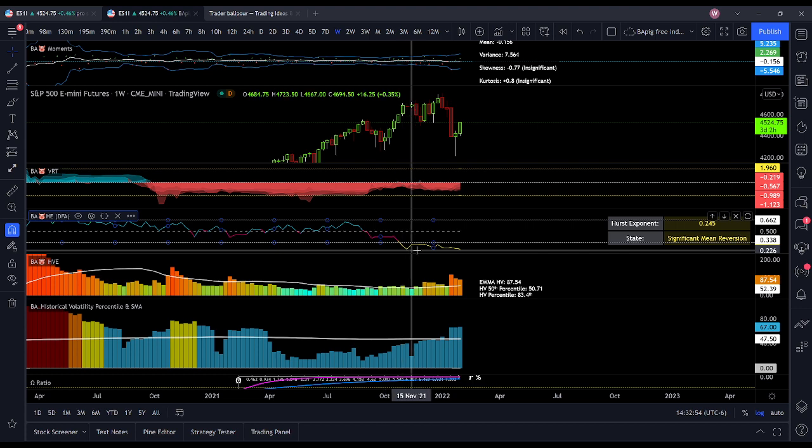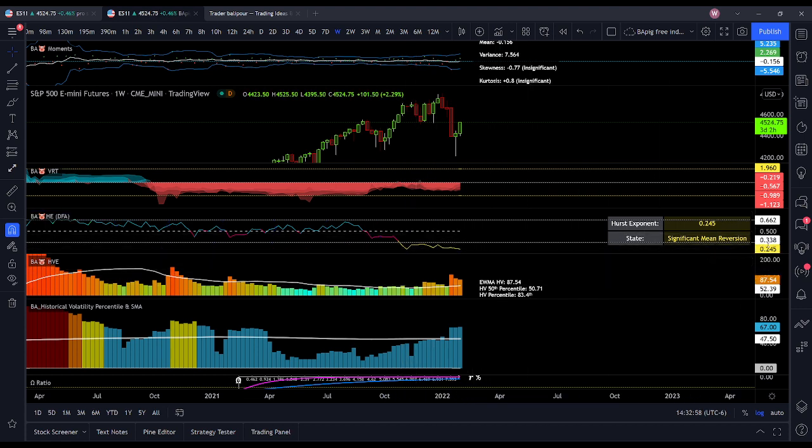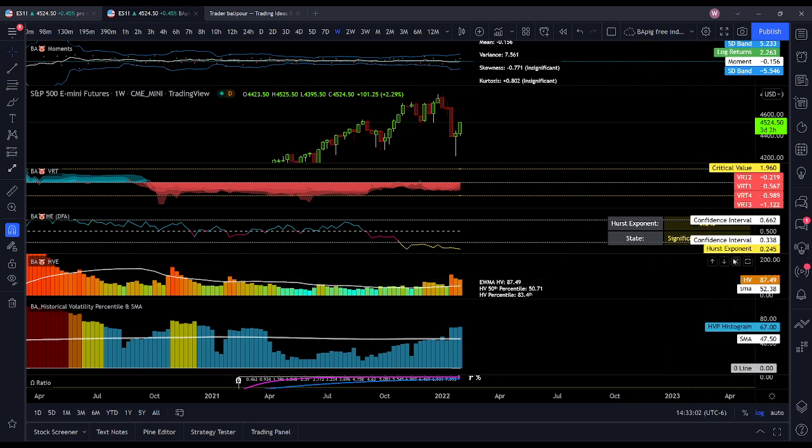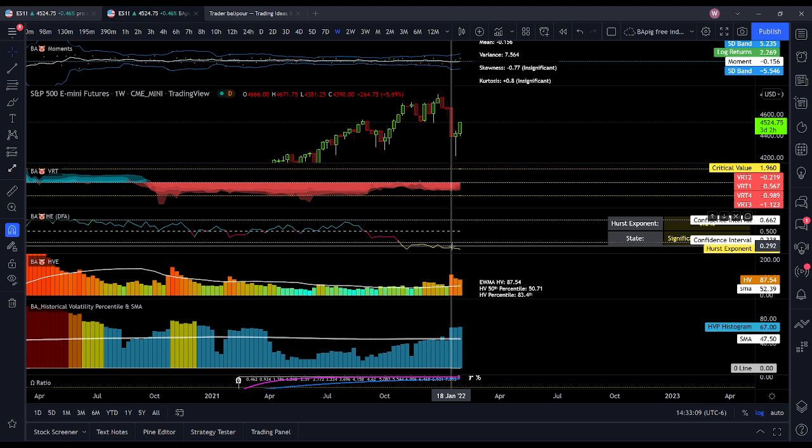That will help. And seeing that we're below this 0.338 confidence interval, if you turn on the indicator name label, you can see the confidence interval coming in at 0.338, saying, okay, we're outside of a random walk, or not outside of a random walk, but more so that the market is inefficient.